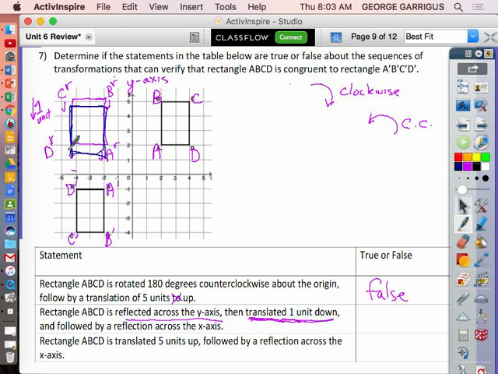That looks good. And then it says followed by a reflection across the x-axis. That's going to really work out really great because if I then reflect it again, then this is going to go down. You can see it's one away, so its reflection is one away. This is one away, so its reflection is one away. This guy is way up here, so it's going to reflect.